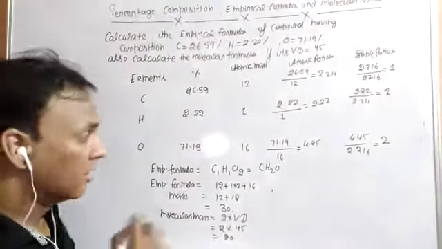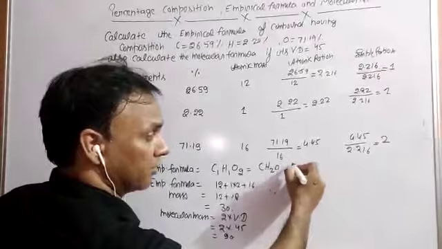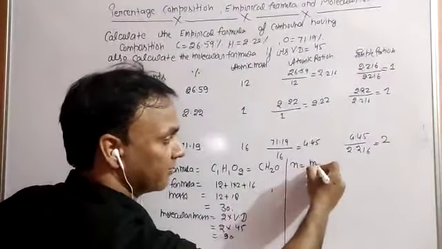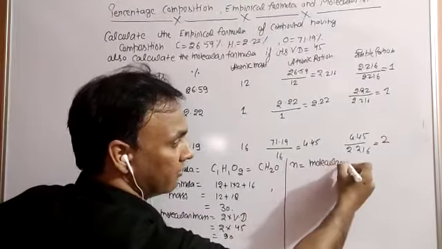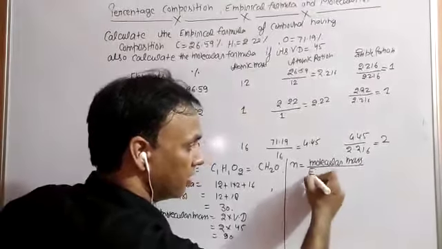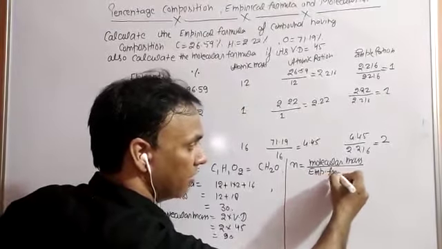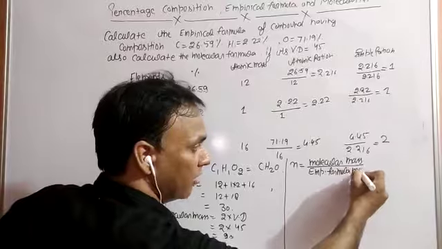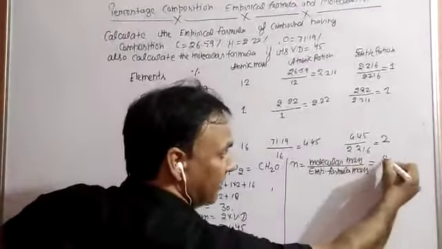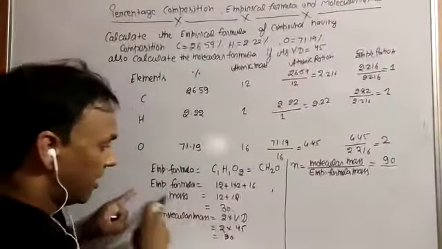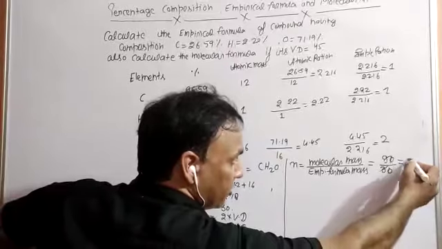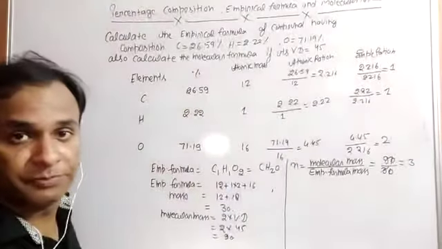Clear? Now we use the simple ratio, means n. The value of n is molecular mass upon empirical formula mass. Molecular mass is 90 and empirical formula mass is 30. That means n is equal to 3.